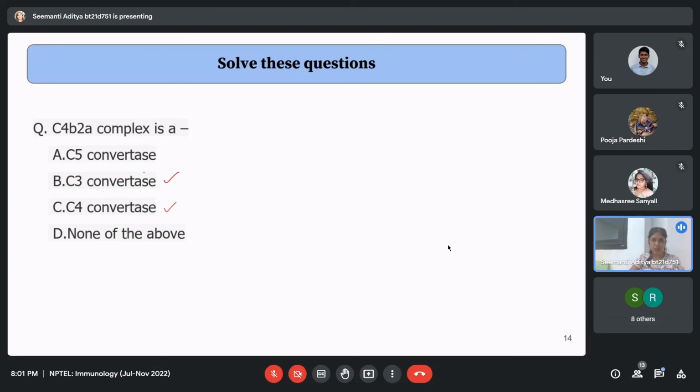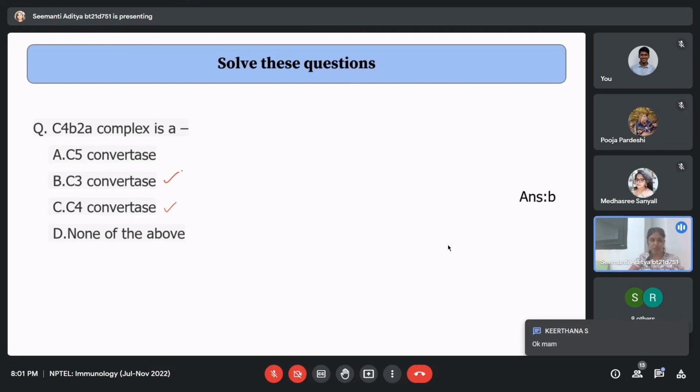We have talked about only two kinds of convertases, that is C3 and C5. C4 convertase is not very important for our scope of study. So C4B2A is associated with C3 convertase. It is associated with breaking down of C3 protein into C3A and C3B. So it's a C3 convertase. The answer is option number B.